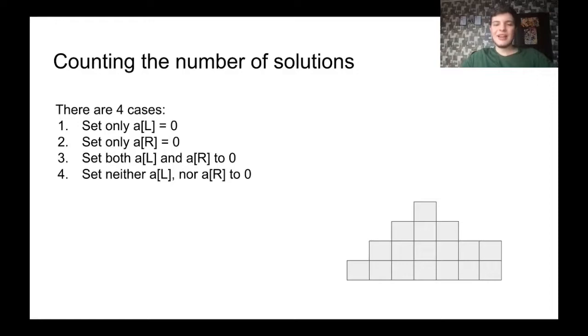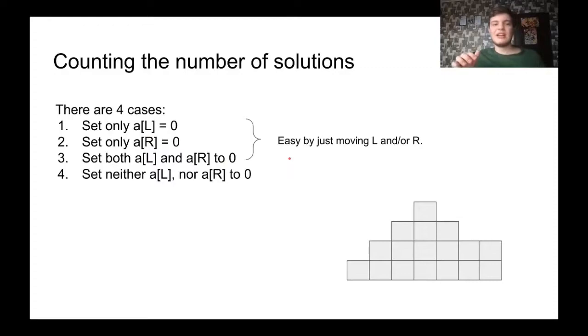And I mean, the first case is a bit more complicated, but the first 3 cases are pretty much moving the left or the right by 1. And you can notice that one easy way to calculate this is to just sum the first and the second case, and then subtract the third case.